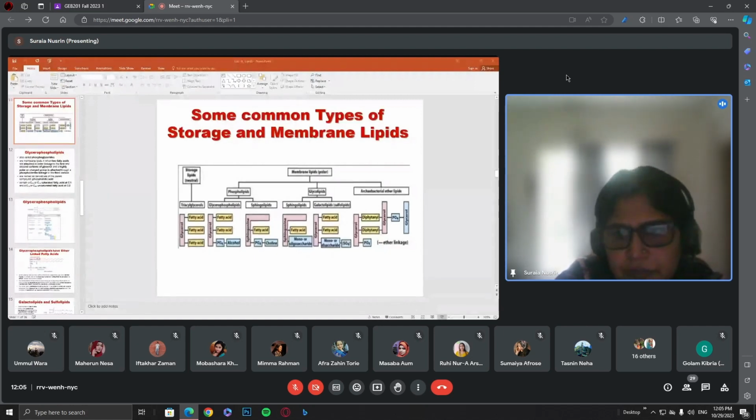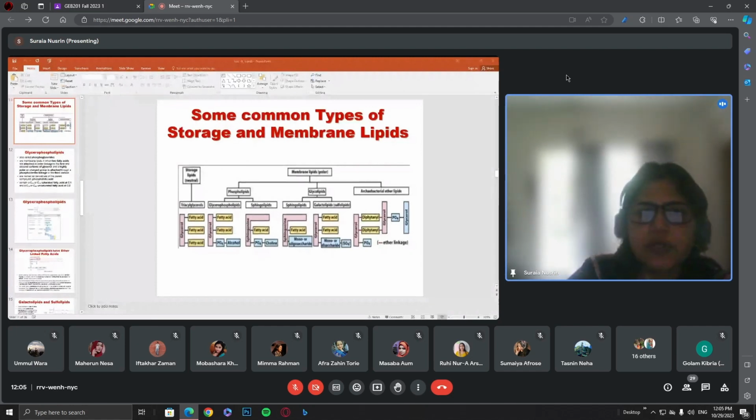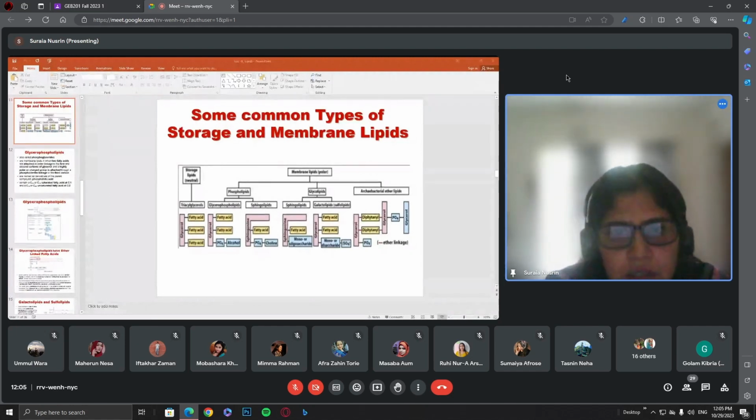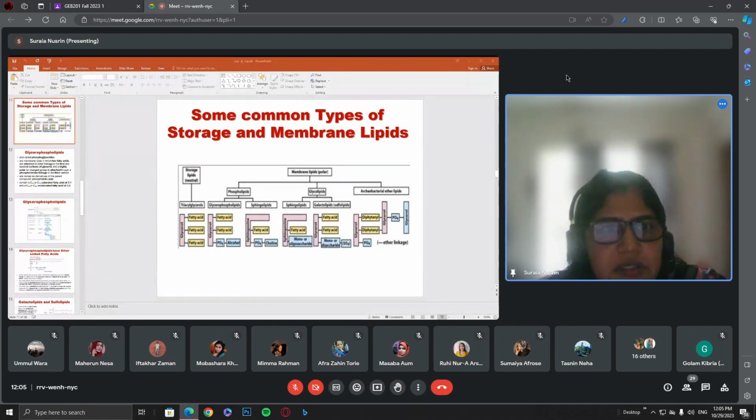One is the phospholipid, another one is the sphingolipid. So we will look at the structure of the phospholipid and the sphingolipid. In general we can say phospholipid, especially if the phosphate group is present in the polar head group, then we call it phospholipid.